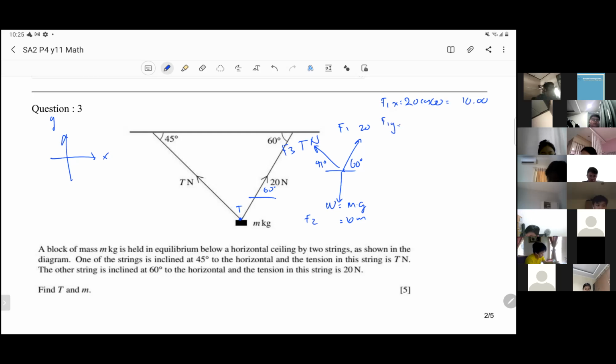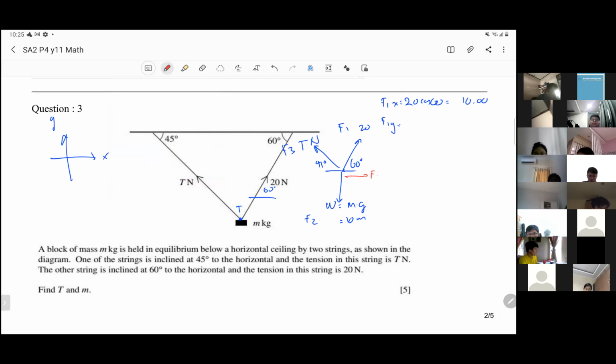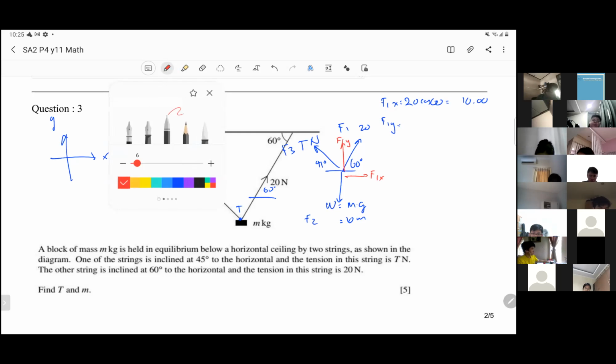F1Y is going to be Nicholas. This is going to be F1 on the X. Now we go F1 on the Y. Nicholas, hello. Is Nicholas here? No? Shuffle then. 17.3.